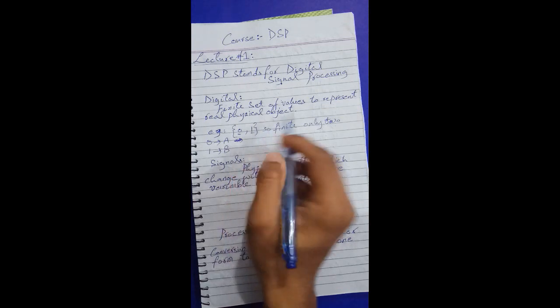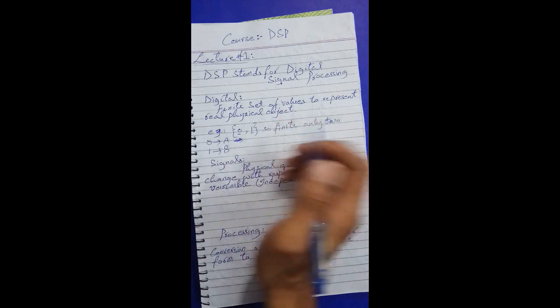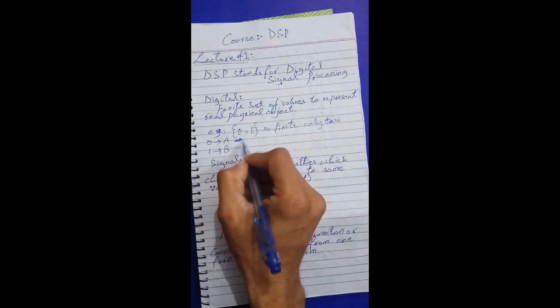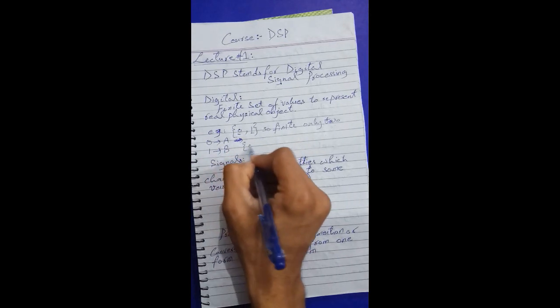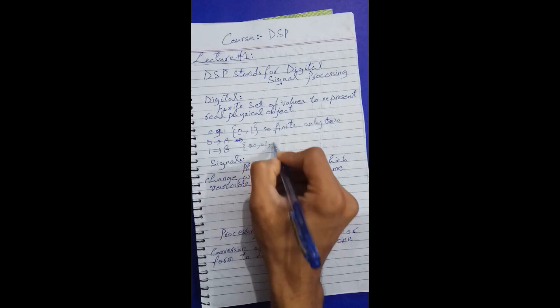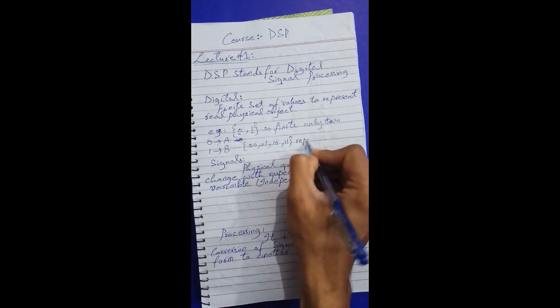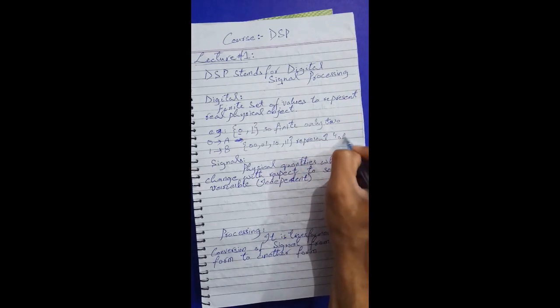To represent a word with more elements, let's say 9 or 10, we have to define combinations of these two numbers, such as 00, 01, 10, and 11, which represent 4 objects.